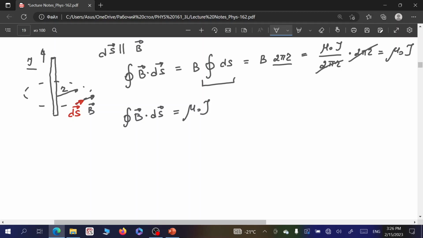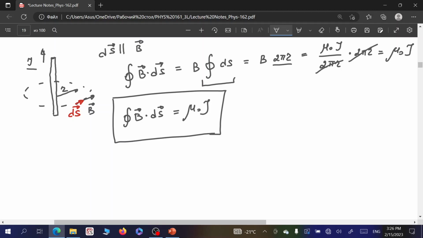No matter which closed loop we choose, of arbitrary shape, it creates some area, and the current which flows through this area will be the current in this equation. That is Ampere's law, which in some aspects can be applied in a similar way as Gauss' law in electrostatics. So we need to remember this. That's our Ampere's law equation.